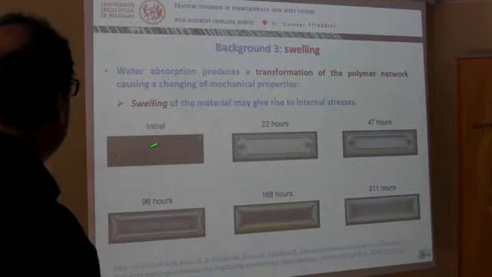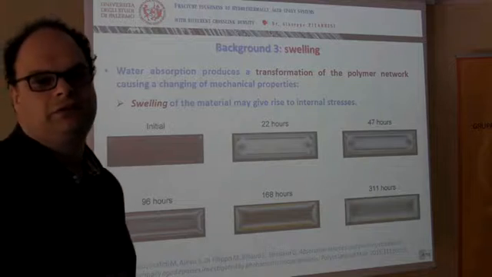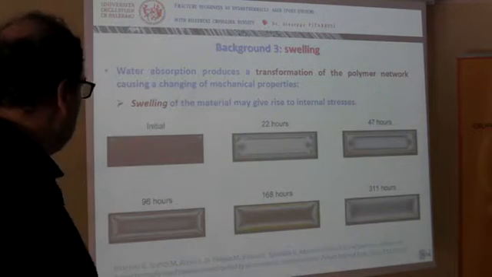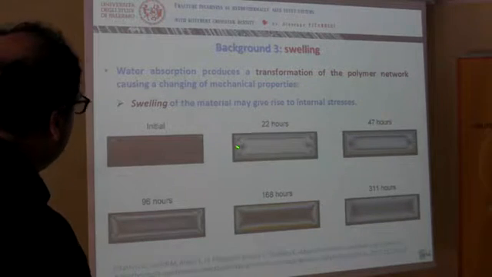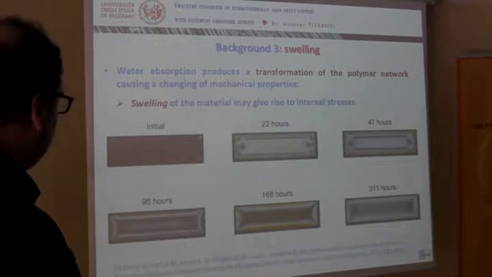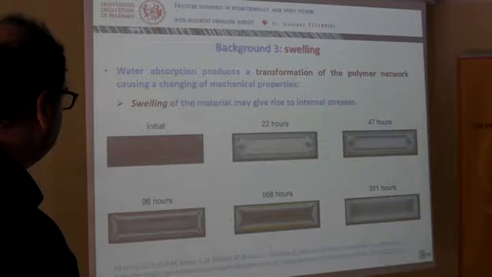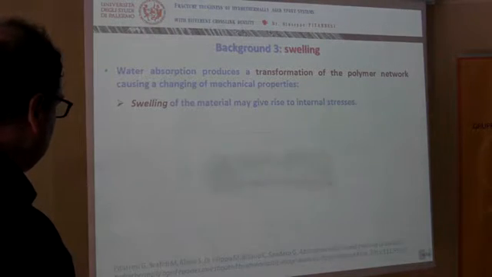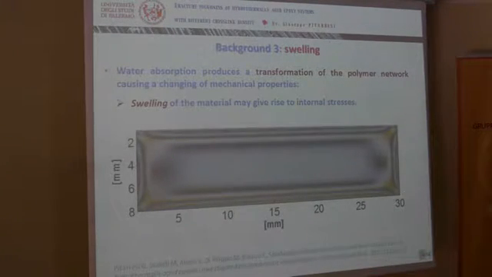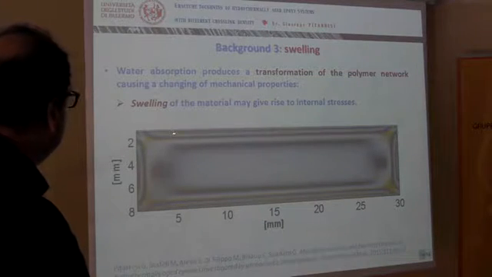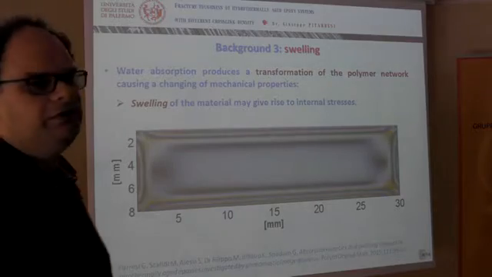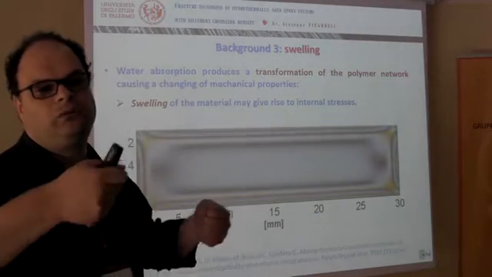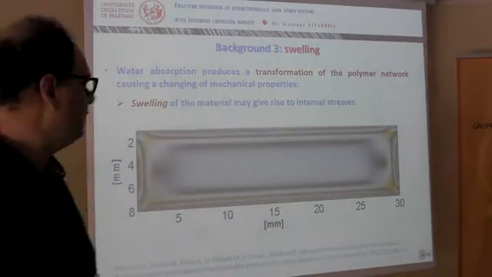Initially there are no photoelastic fringes, which means that there is a stress-free condition. As soon as we start to put the sample in water, we develop very peculiar fringes. You can have a zoom here. Basically what happens is that the border is in compression and the inner part of the material is in traction, because the border swells more than the core of the material.